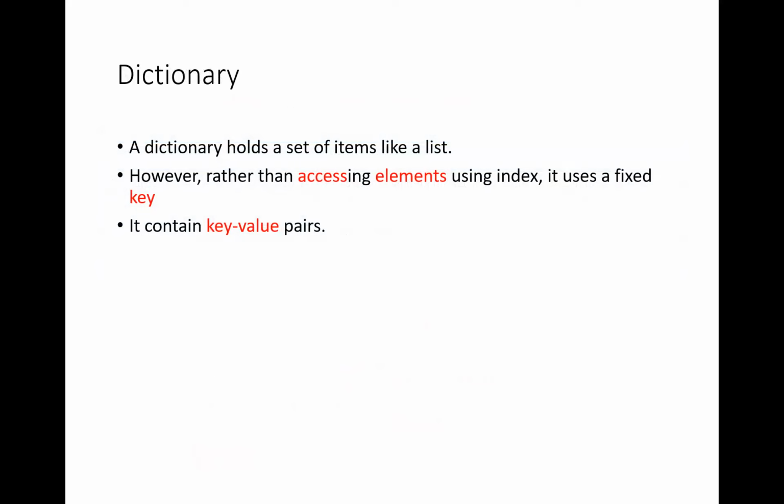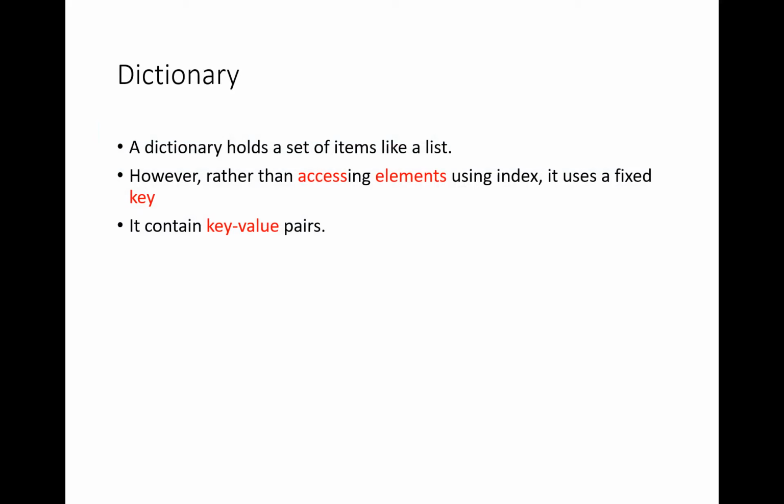Okay. The last control structure is called dictionary. As the name implies, you have a key and value pair. Now, if it is a Sinhala to English dictionary, the key will be in Sinhala and the value will be in English.